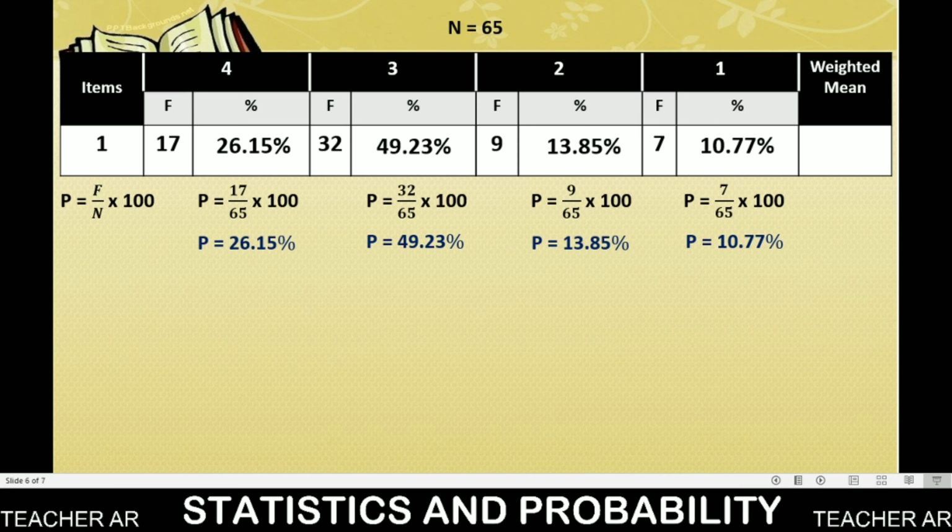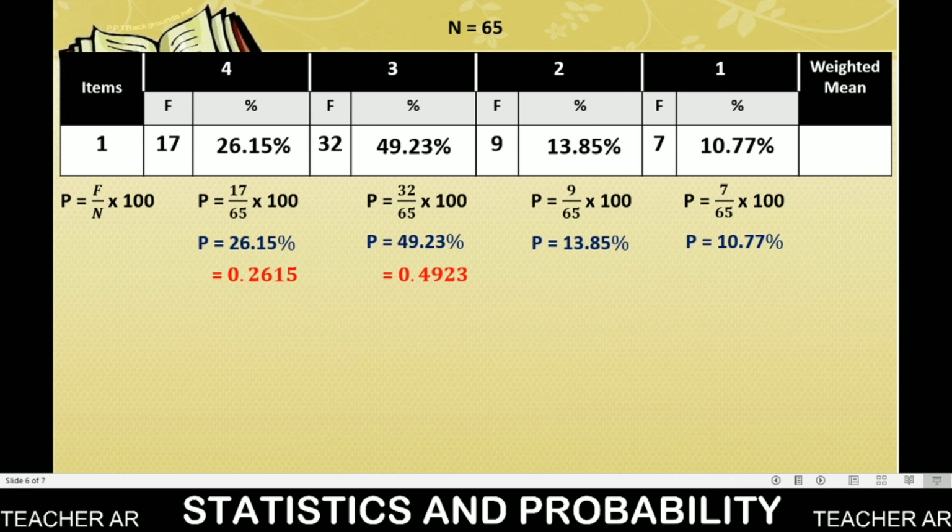And always remember that in computing the weighted mean, we have to convert first the percent into decimal. So let's convert the percent into decimal. Again, in converting, simply move the decimal point 2 places to the left or divide it by 100. So 26.15% is equal to 0.2615, 4 decimal places. Next, we have 49.23%.